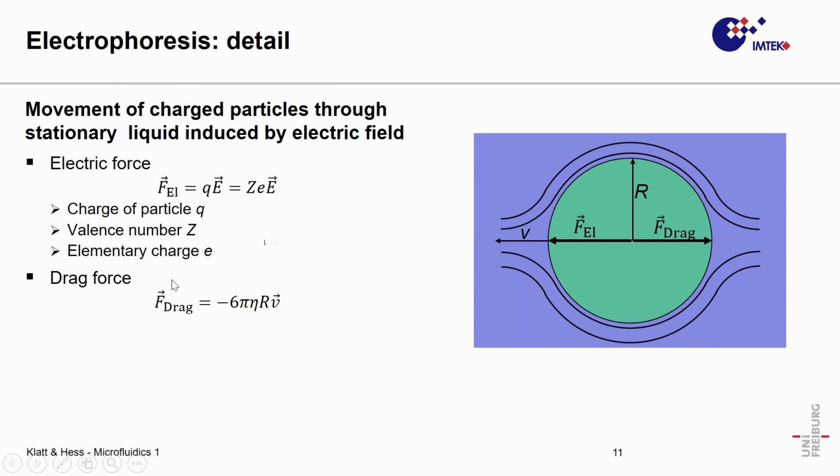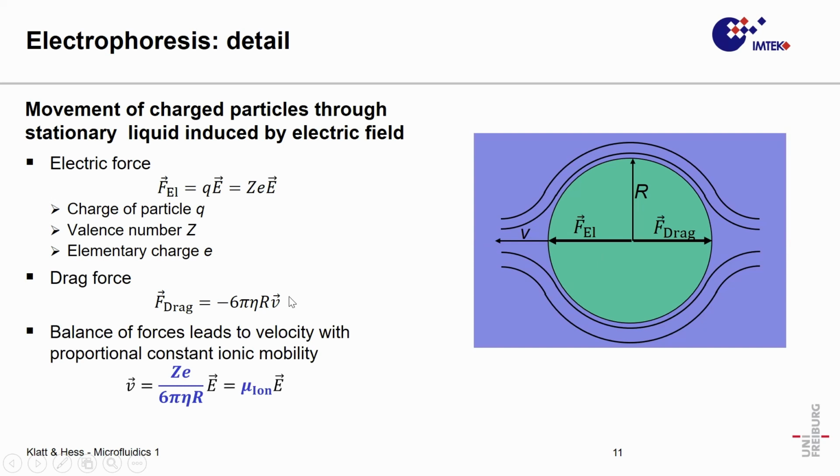The drag force, on the other hand, can, for a spherical particle, be described by this equation here. It is equal to minus 6 pi eta, the viscosity, times the radius of your particle, times the velocity of your movement. So if your particle doesn't move, there's obviously no friction force.